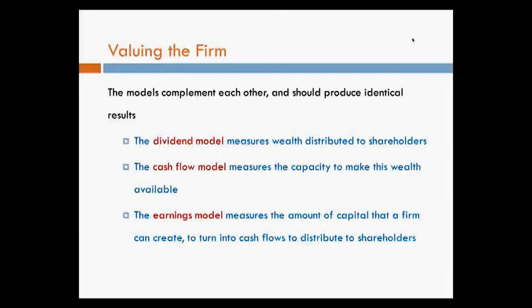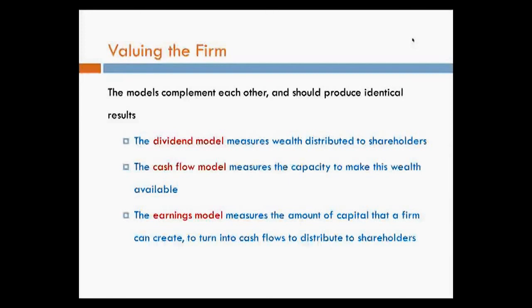So earnings measure the amount of capital that a firm can create. They can turn it into cash flows, which can then be distributed to shareholders. Probably the most removed from true value to shareholders of the 3, but on the other hand, the easiest to get to.